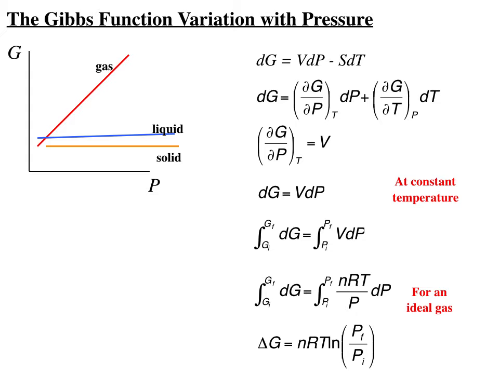For instance, 1 mole of liquid water would occupy a volume of 18 milliliters. Now, how do I know that? Well, 1 mole of water is 18 grams. Water has a density of 1 gram per milliliter, so 1 mole of water, 18 grams, would be 18 milliliters.